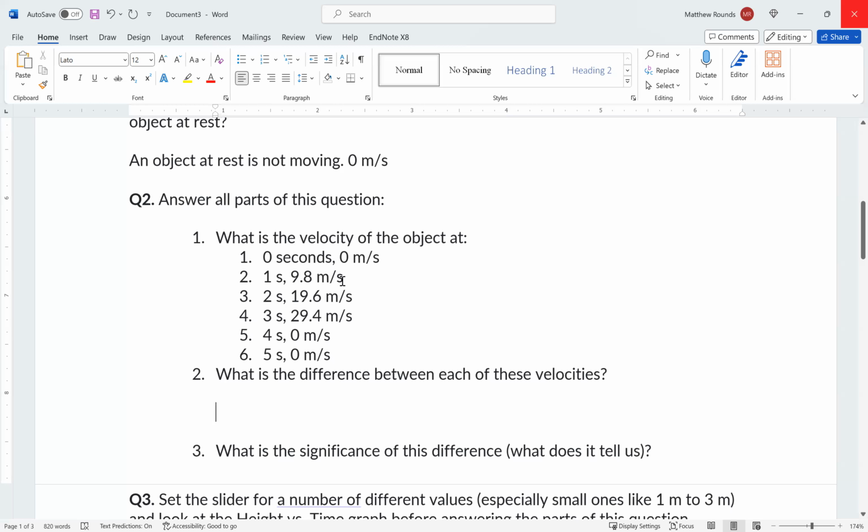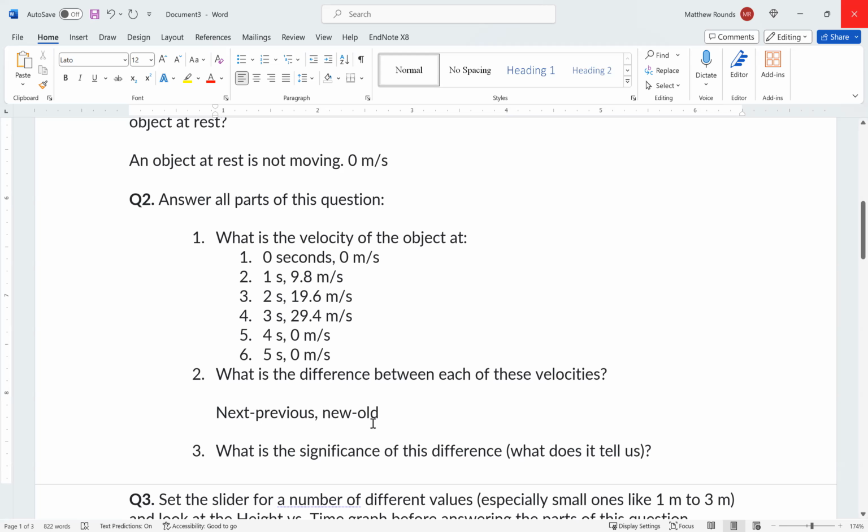Usually it's the next minus the previous, or you can think of it as the new minus the old. Okay, so I would have to do 0 minus 9.8, then 9.8 minus 19.6. 9.8 is the new, and the 0 is the old.